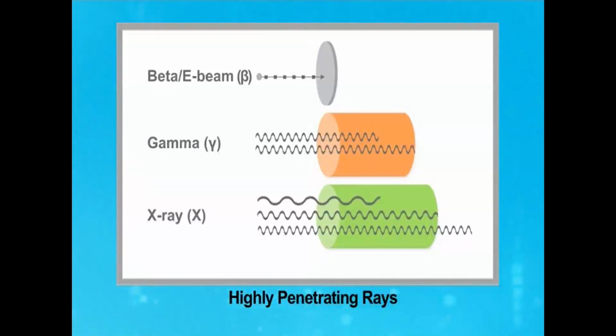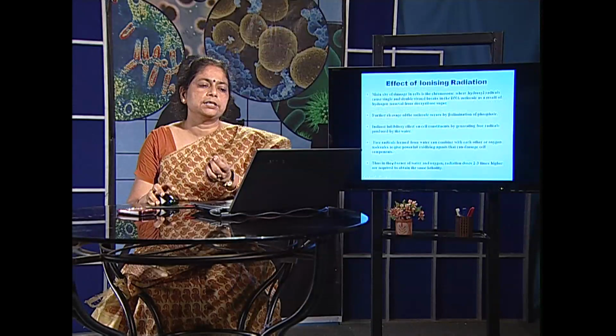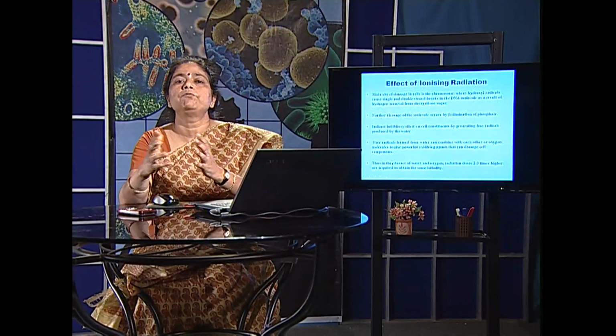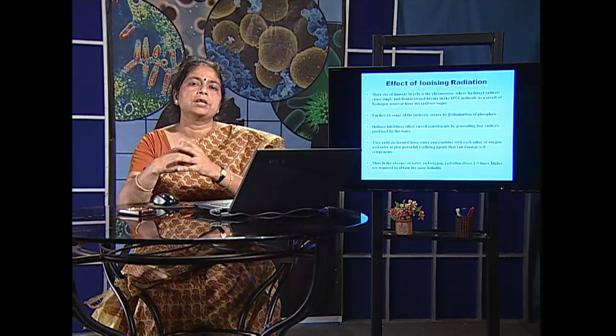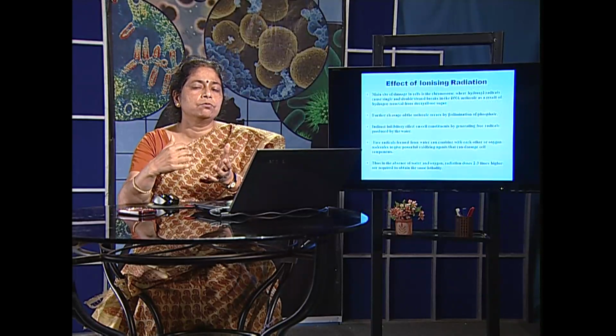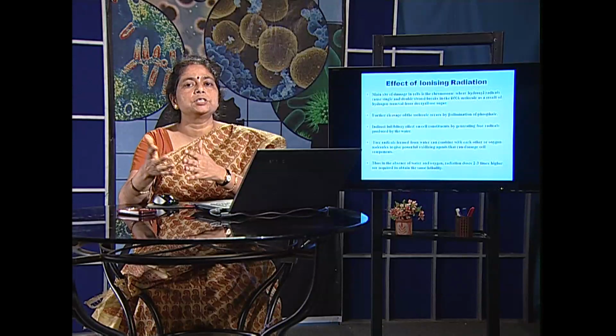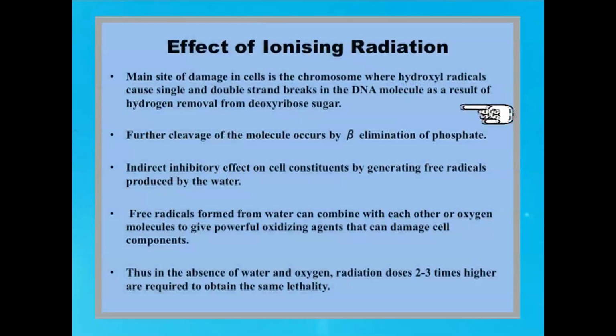Now ionizing radiation is used in the industry for various purposes, but before going into that, let us study the effect of these ionizing radiations on the food or on the microbial cells present inside the food. The main site of damage in the cell is the chromosome, where hydroxyl radicals cause single or double strand breaks in the DNA molecule.